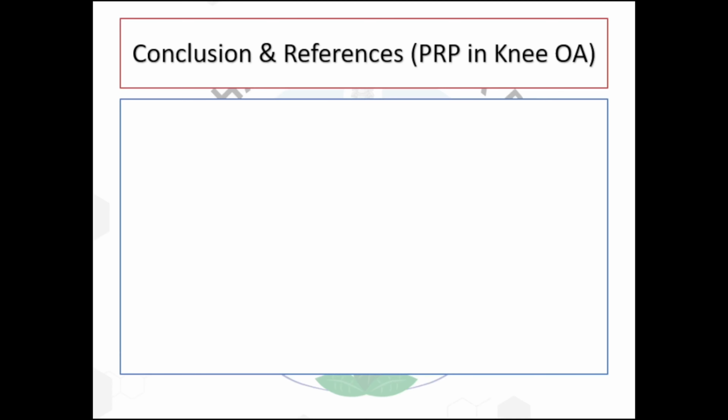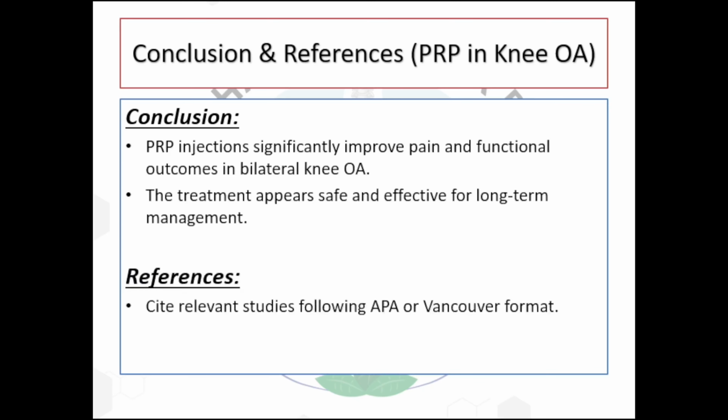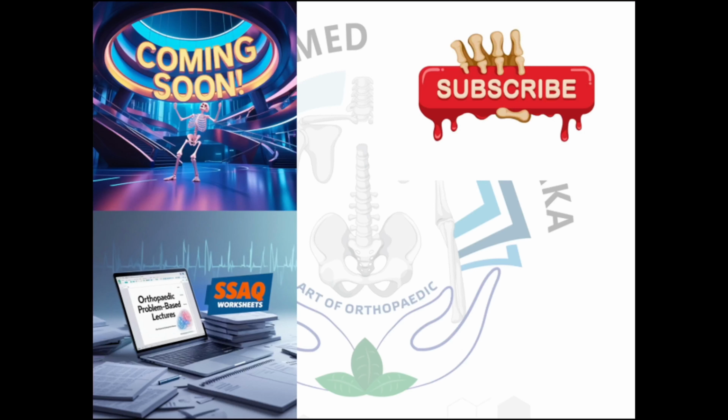Conclusion: PRP in knee osteoarthritis shows that PRP injection significantly improves pain and functional outcomes in bilateral knee osteoarthritis. Treatment appears safe and effective for long-term management. References: we cite all references from which we took information and put them at the end of the research.